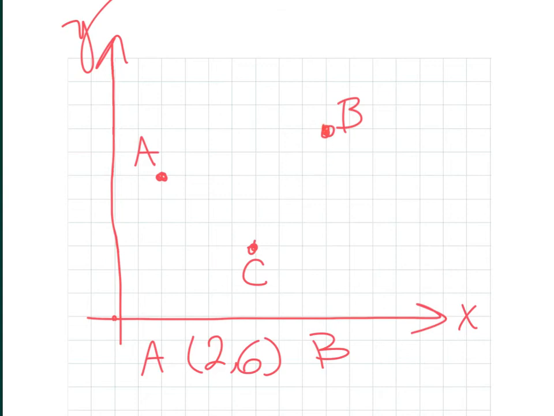So B would be 9, comma 8. Okay? And C, point C, the coordinates for point C would be 1, 2, 3, 4, 5, 6 over and 1, 2, 3 up. So the ordered pair would be 6, comma 3.